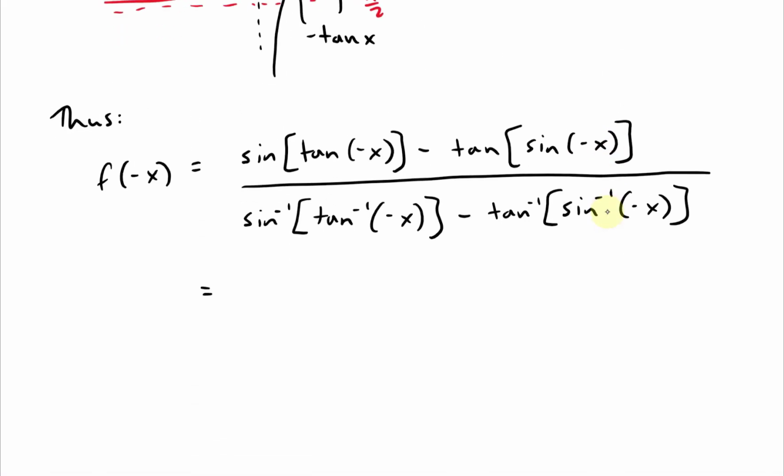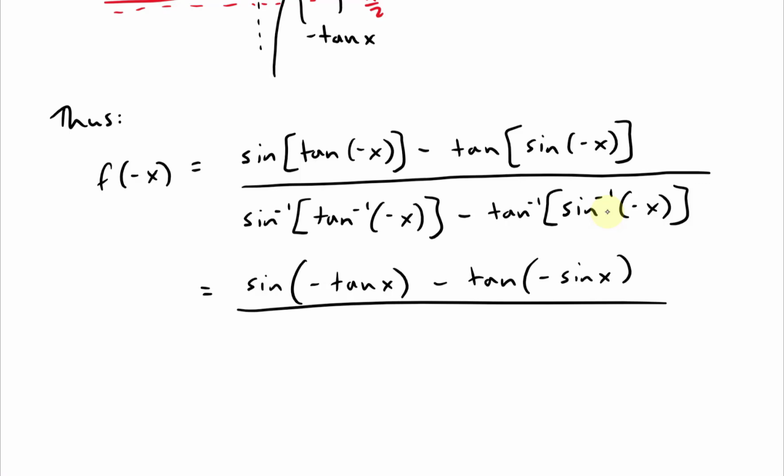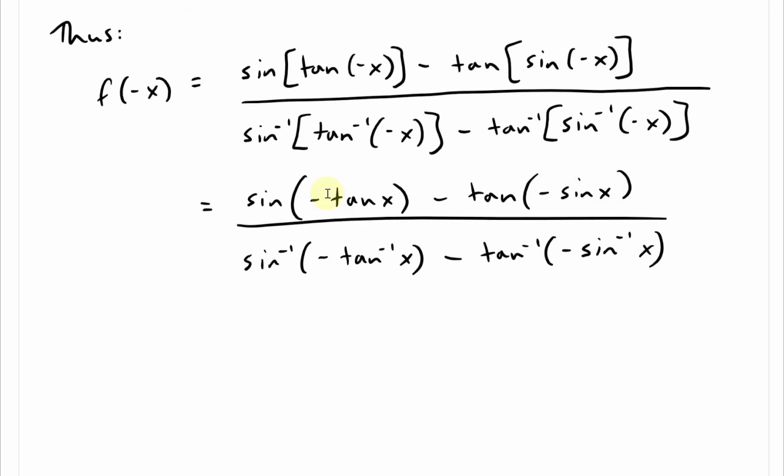So now we have this equals sine of negative tan of x, and then minus tan of negative sine of x. Remember, they're all odd functions. And then we have inverse sine of negative inverse tan of x minus inverse tan of negative inverse sine of x, like that. And now we can do the exact same thing with these ones.